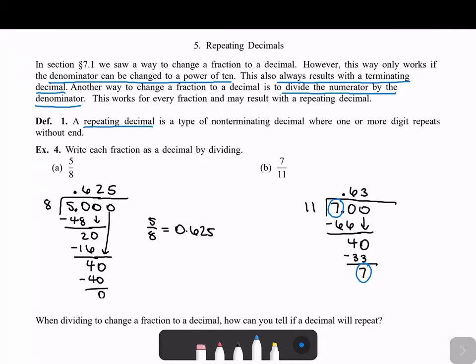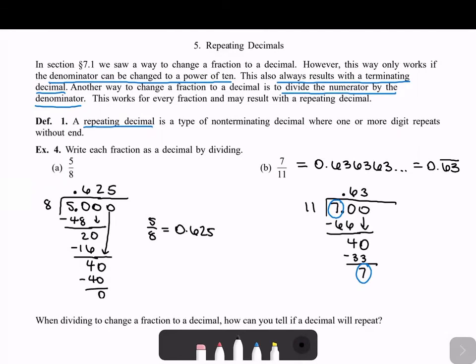So here we can notice that this process is going to repeat. So this fraction is equal to 0.636363 forever. And the way that we denote that is 0.63, and you put a line over the 6 and the 3 to denote that they will be repeating.